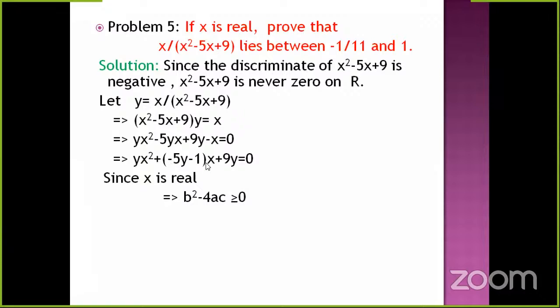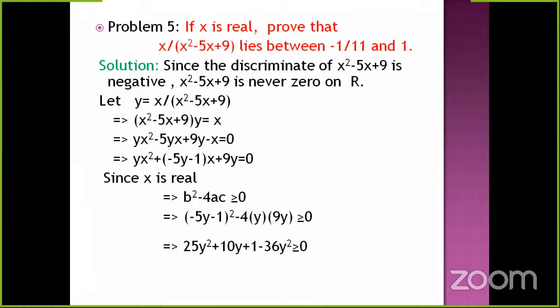So what is the coefficient of x, that is minus 5y minus 1, and what is a? The coefficient of x square, that is y, and what is c? The constant term, that is 9y. By substituting the values, I will get (minus 5y minus 1) whole square minus 4y into 9y greater than or equal to 0.